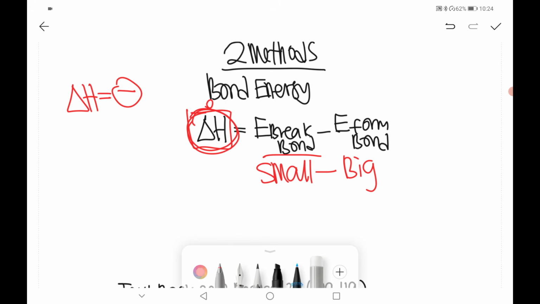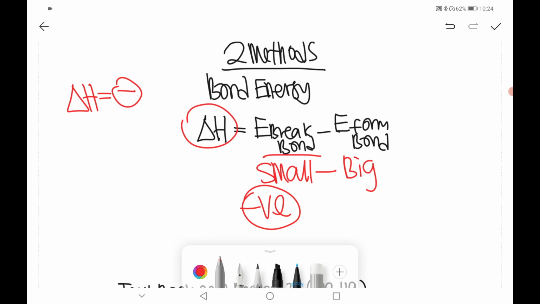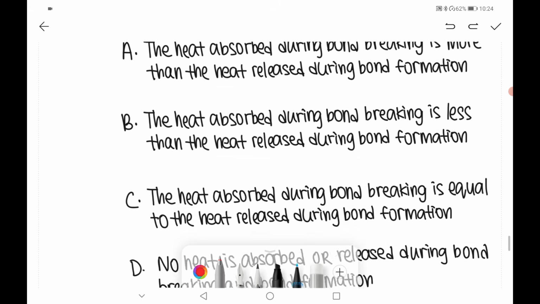Because if you take a big value minus a small value, your final answer will be positive. So it's a simple mathematic concept. We need a small value minus a big value to get a negative answer. Why do we need a negative answer? Because only when delta H is negative is it an exothermic reaction.